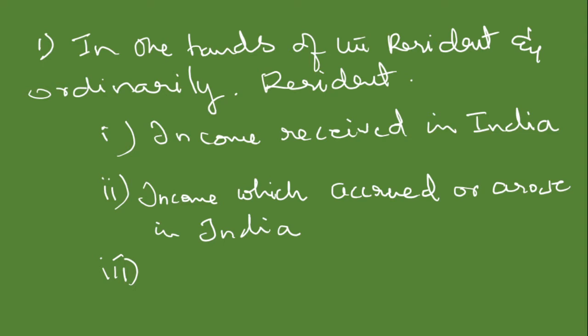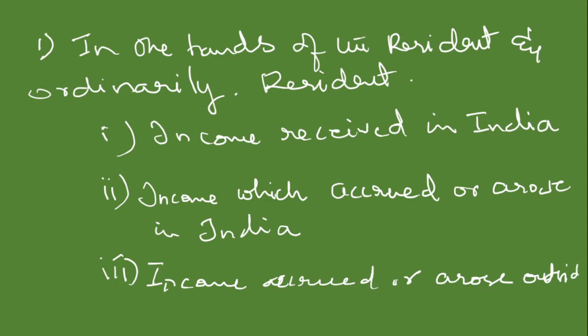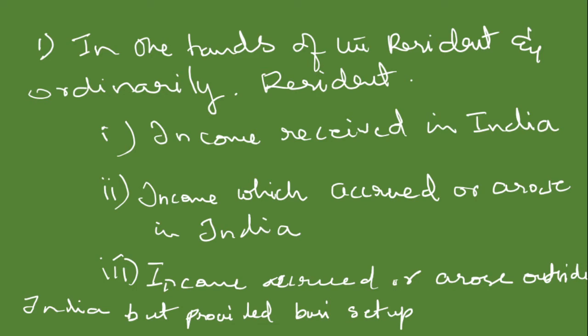So it is income accrued or arose outside India, provided the business is set up in India. So these are the conditions in the first clause.